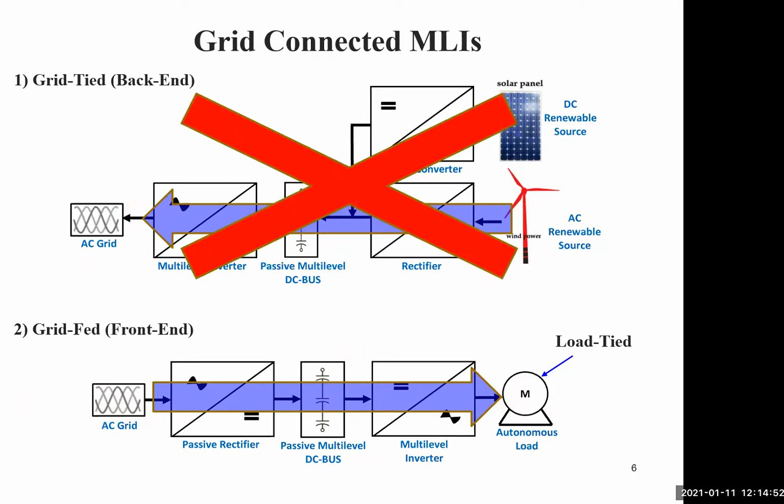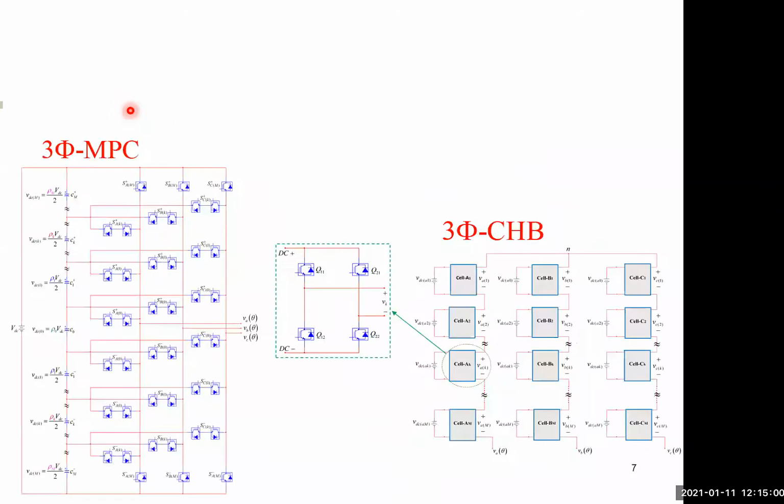In this presentation, we are only going to focus on the grid-fed or grid front-end connection, not on the grid-tied connection. These are examples of the CHB, cascaded H-bridge, and multi-point clamp topologies expanded into a 3-phase configuration. As you can see for the 3-phase CHB, this is a single cell, and you cascade them together per each phase leg.